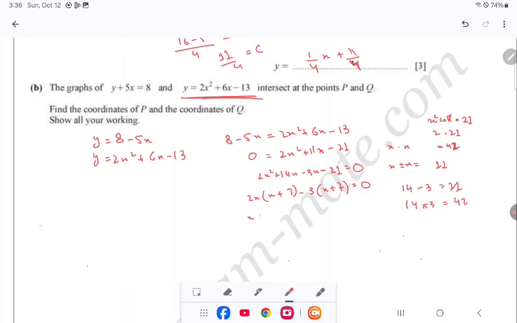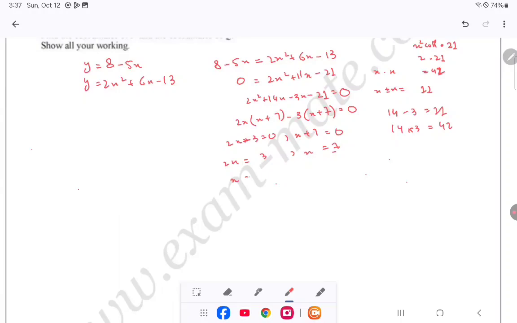So 2x minus 3 is equal to 0 and x plus 7 is equal to 0. So 2x will become, add 3 to both sides, subtract 7 from both sides. x will become 3 over 2, and here x is equal to negative of 7.